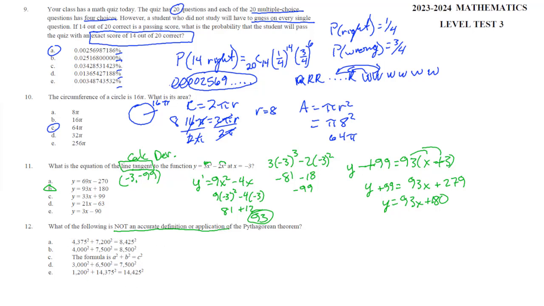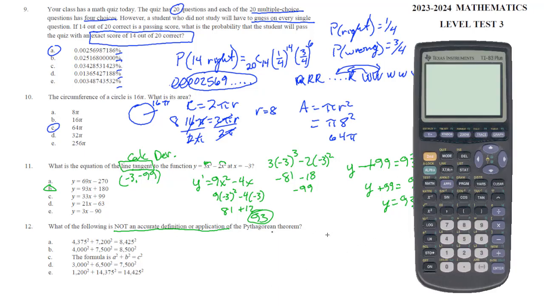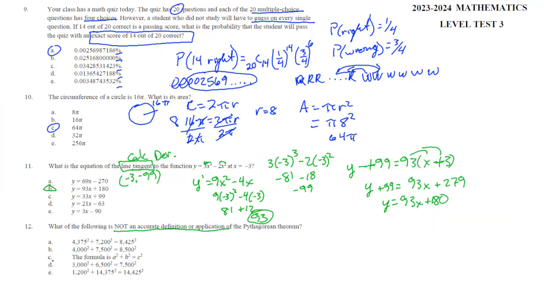And here, you just plug them into the calculator, and you're going to get something like 3,000 squared plus 6,500 squared equals, and then you plug in 7,500 squared, and voila, they are not the same answer, which means that one is not the right one. And I can't see any shortcuts on how to do this. It looks like you just have to go through guess and check on those guys.